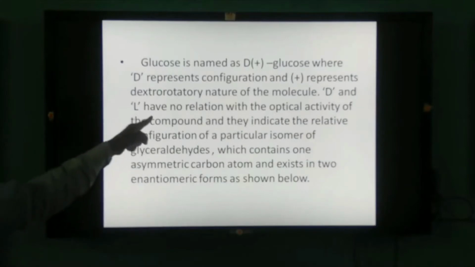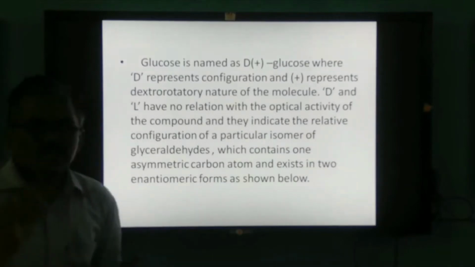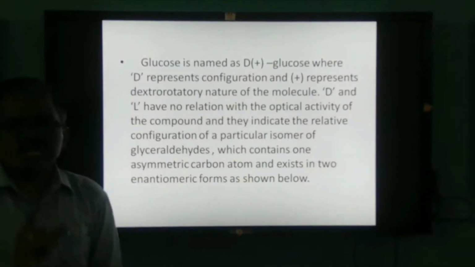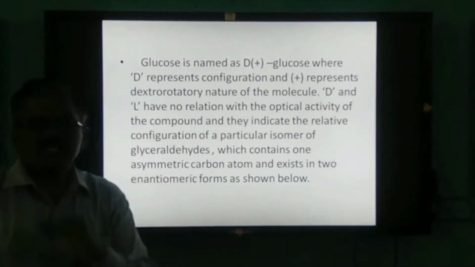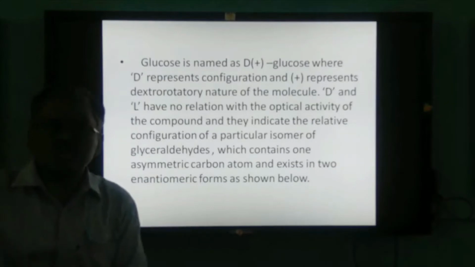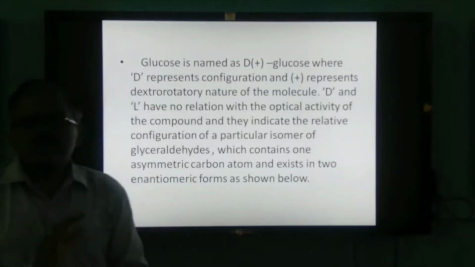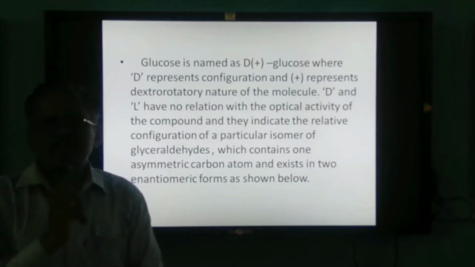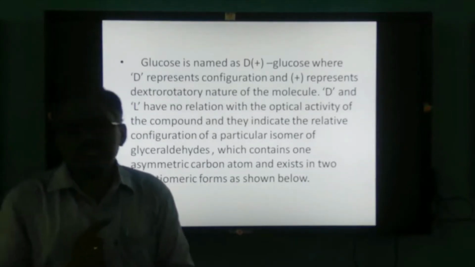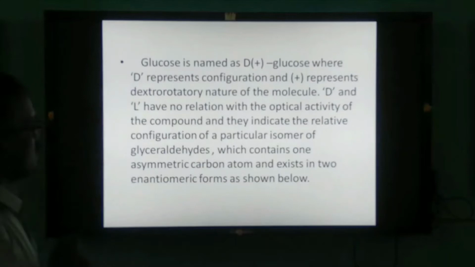So D and L, capital D and L. Once again I am stressing, capital D and L have no relation with the optical activity. That is different. Small d and small l are denoted only to show the optical rotation, or optical activity.